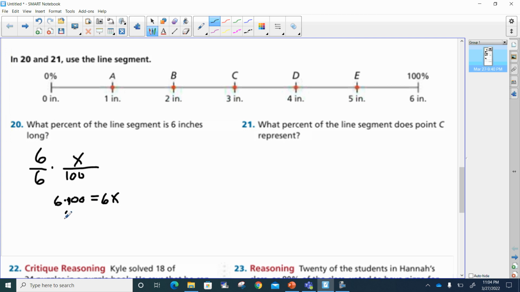This gives me 600 equals 6x. And when I divide 6 away from x to isolate x, that's 600 divided by 6. Take the 6 out, leaves 1, so that's 100%. Okay, equals x.